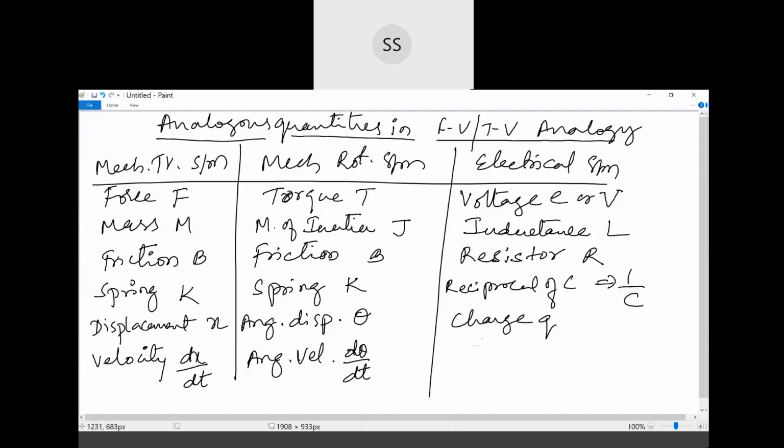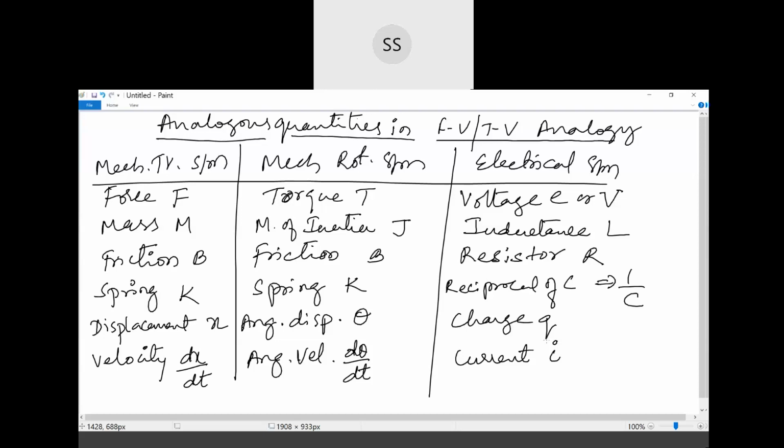Whereas in electrical systems, this is represented by current I. So these are the analogous quantities in case of translational, rotational, and electrical systems.